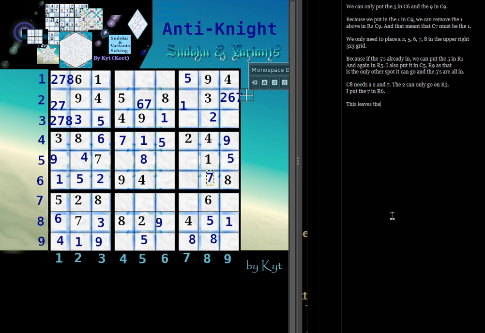This leaves the 3 and 6 in rows 5 and row 6 in column 7.